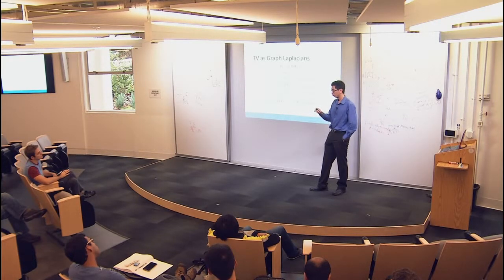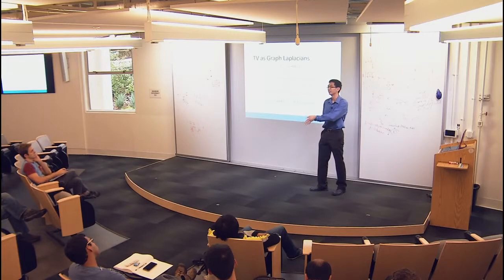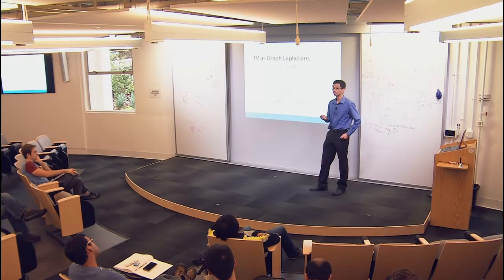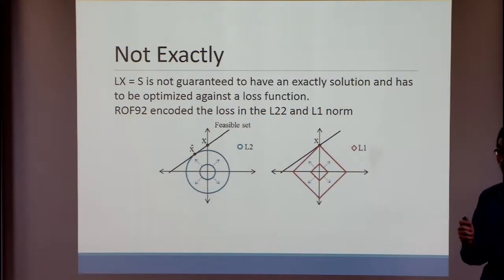We show that once we start writing all the problems as graph-based problems, we can start mix and matching them together. And because you have a linear solver, you can actually control the degree of solution or the degree of progress you have, as opposed to something like split Bregman, which gives you the exact answer at the end. So we will show why you want to do that later.